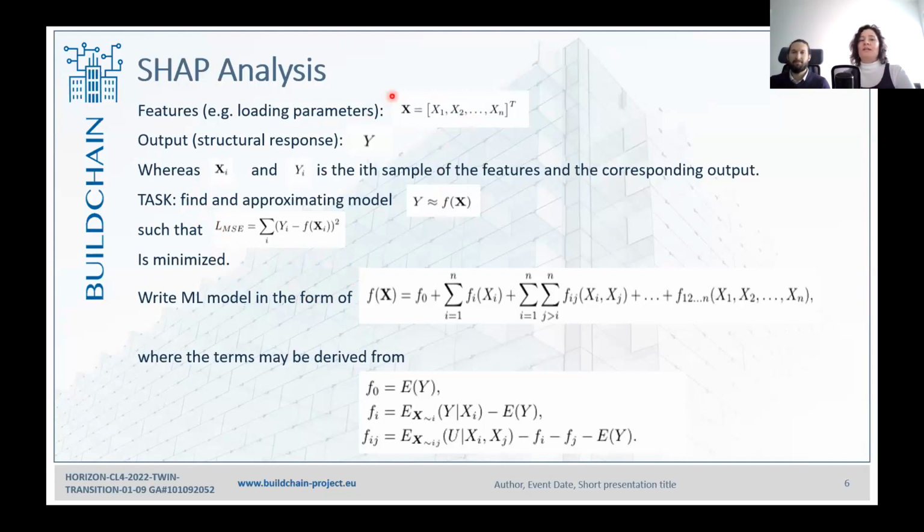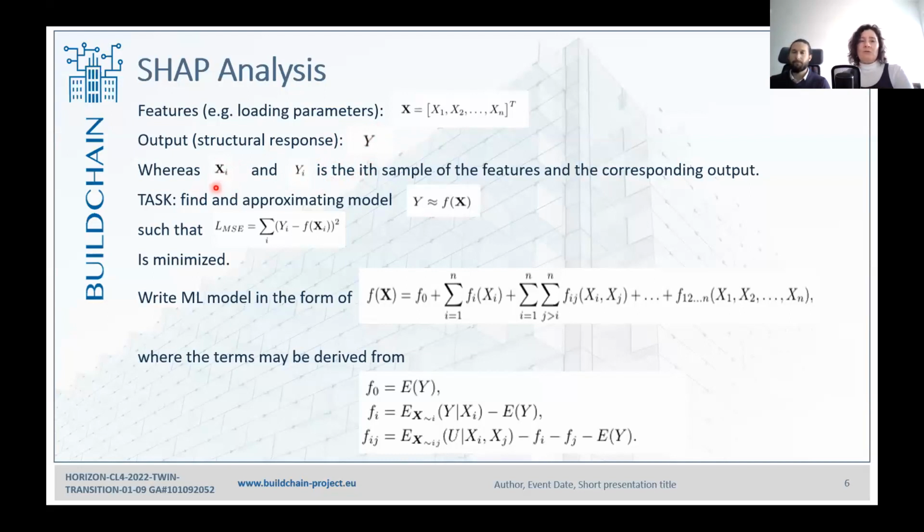I just want to show that these are the input parameters, for example the loading parameters on the structure: the wind load, and if it's a bridge, the load coming from the traffic, or it could be earthquake load as well. And my output is how the structure is behaving, for example a displacement, or it could be the eigenfrequency of the structure, or strains or stresses, which is not very common to measure.